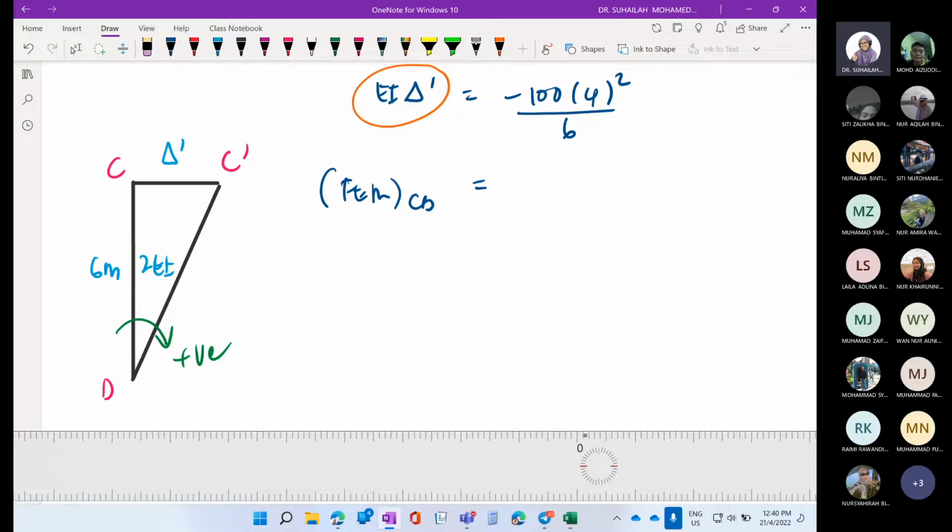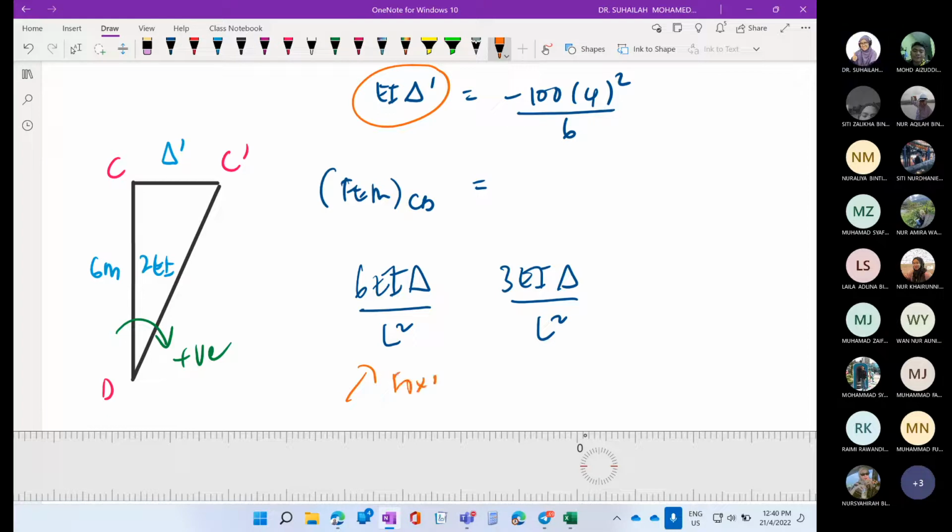The formula to calculate FEM for a pin end is 3 EI delta over L squared. The difference between the fixed end and the pin end is only 3 and 6. The FEM for the fixed end is 6 EI delta over L squared. This one is for the fixed end, and this one is for the pin or roller.